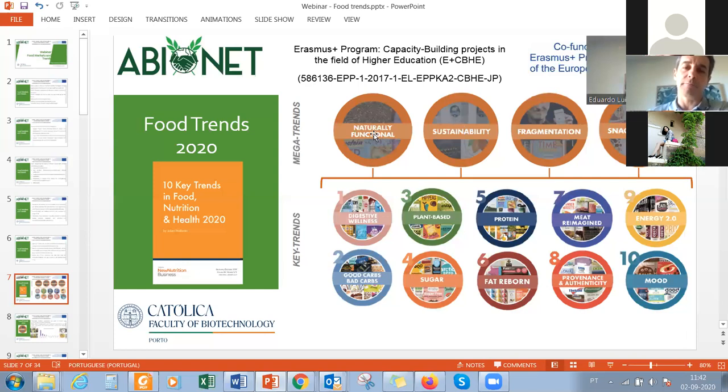Functional products that are naturally embedded in the products. The fragmentation of the information concerning the food sector. And what they call snackification, so the need to have convenience in the way different products are packed and made available to consumers.